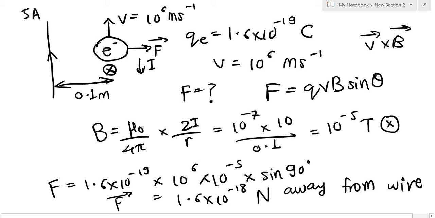That's the information about the force. So now we have an article which asks: what is the force between two current-carrying wires? Say current I1 going through this, current I2 going through that.